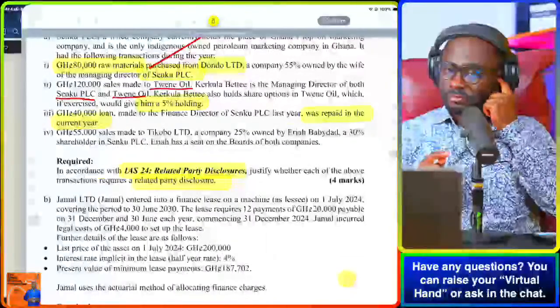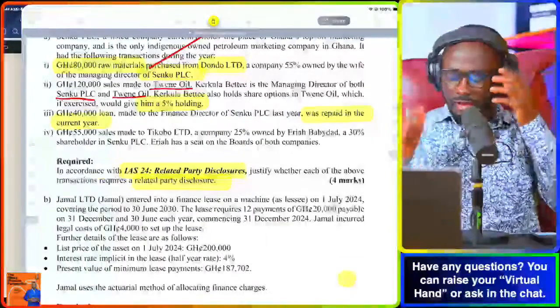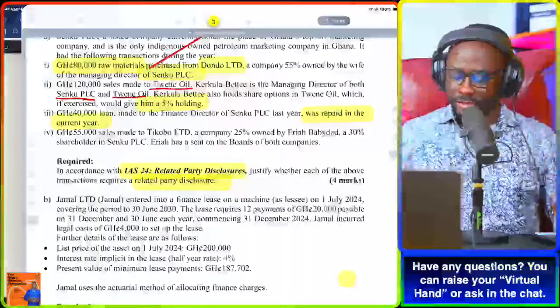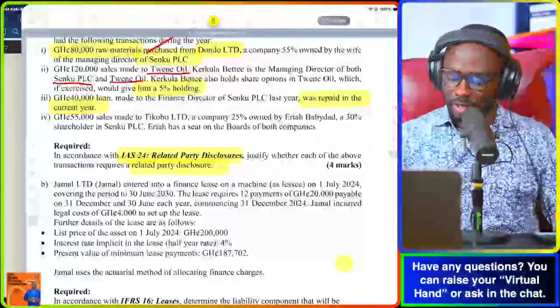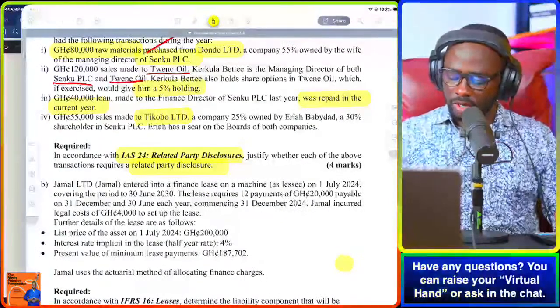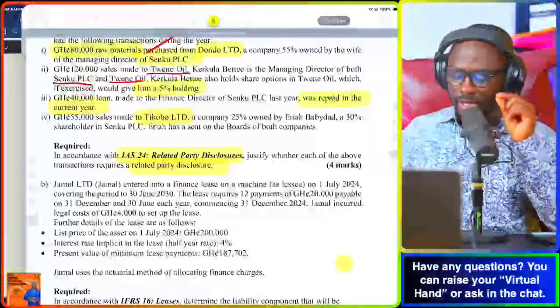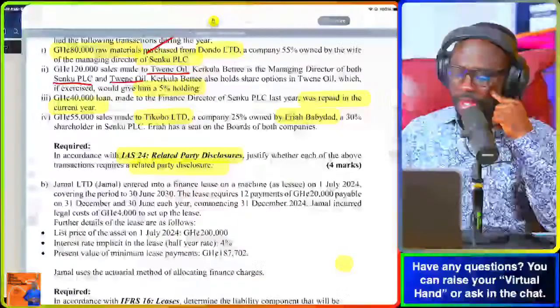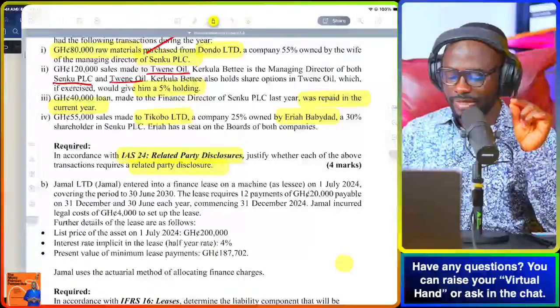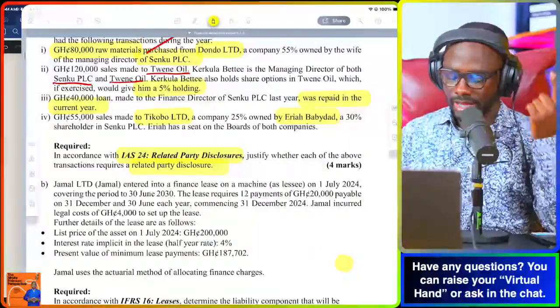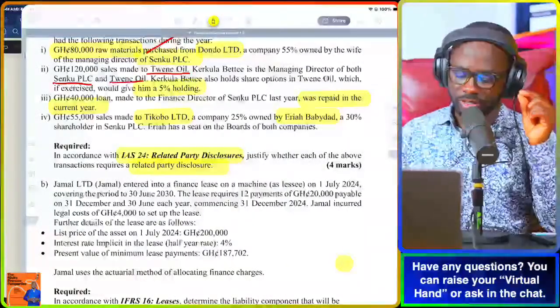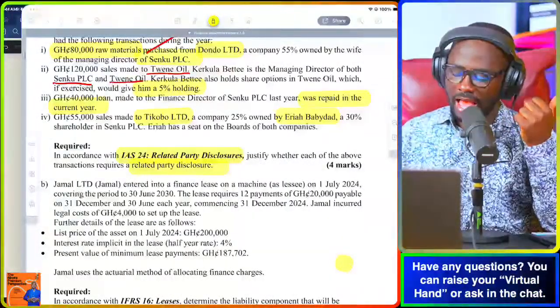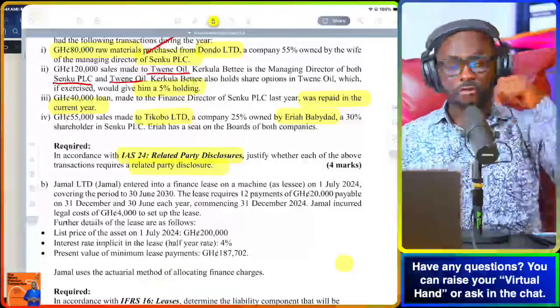Fourth. 55,000 Ghana cedis sales made to Tikobo Limited, a company 25% owned by Nhyira Baby Dad, a 30% shareholder in Senku PLC. Nhyira has a seat on the board of both companies.